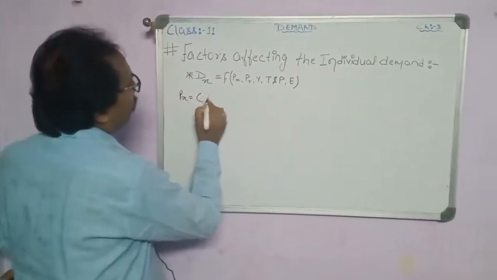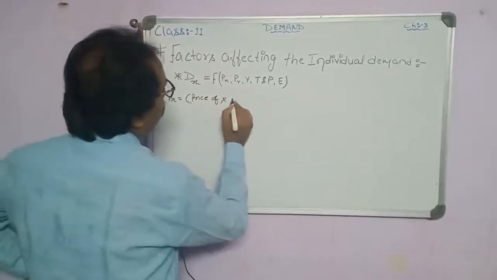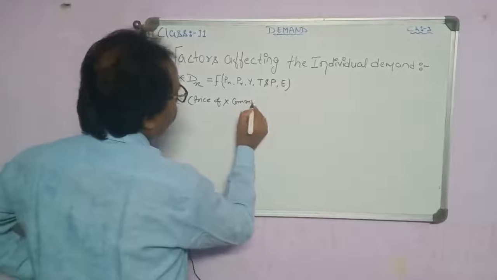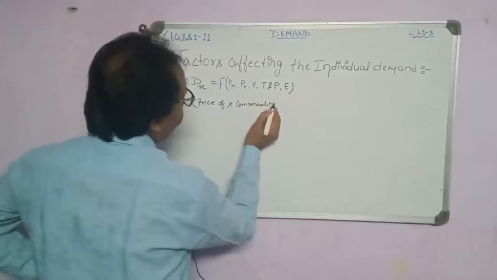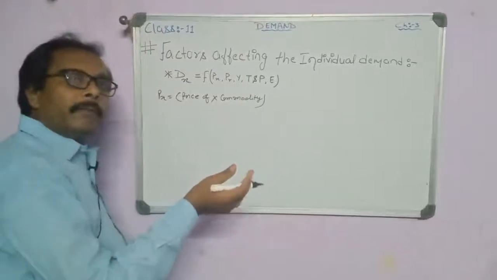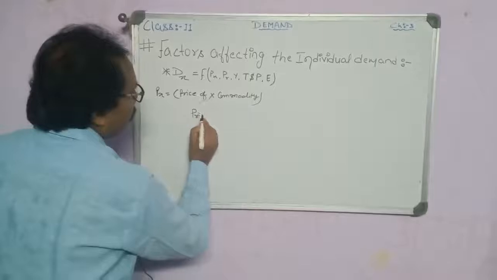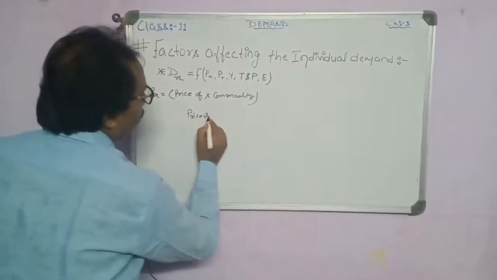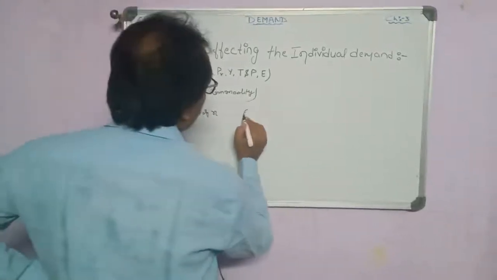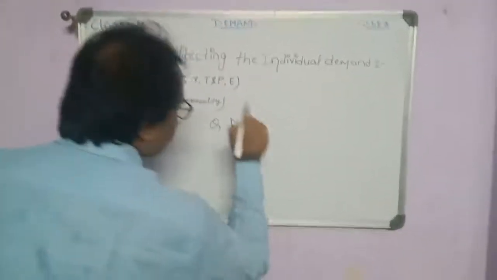Px is known as the price of x commodity. According to the law of demand we have already discussed, suppose this is the price of X and here is the quantity demanded of X commodity.